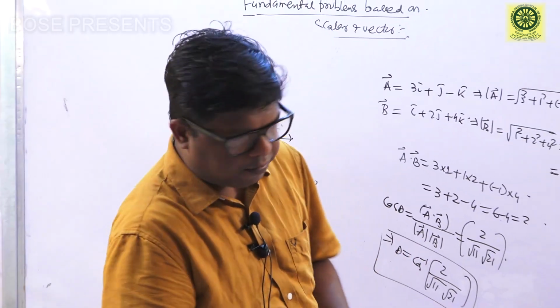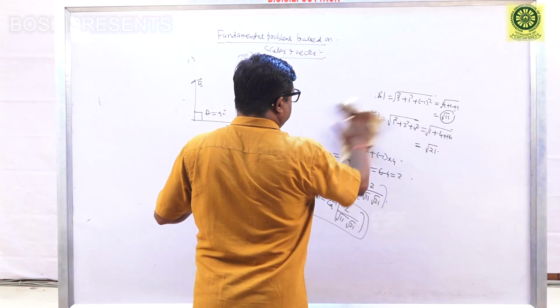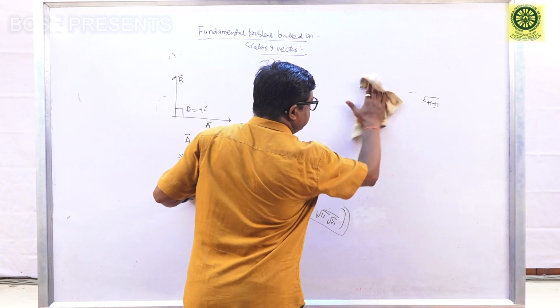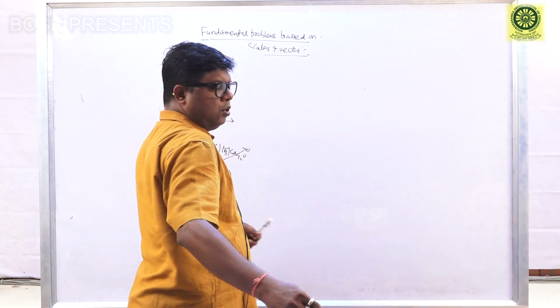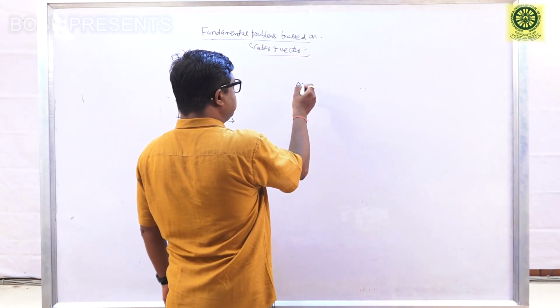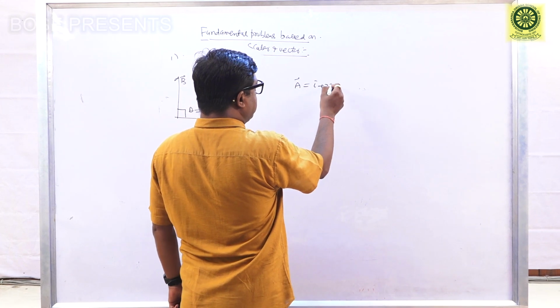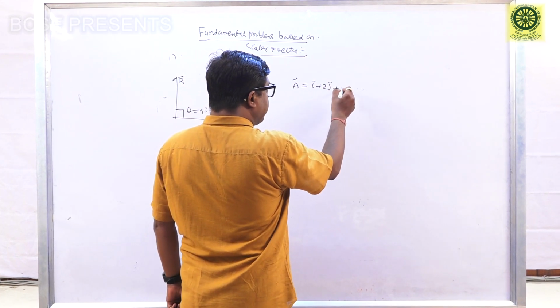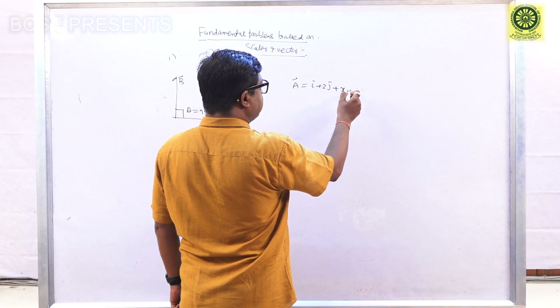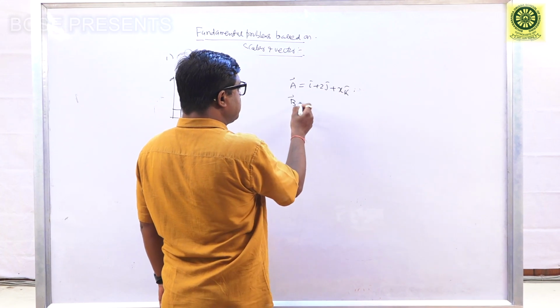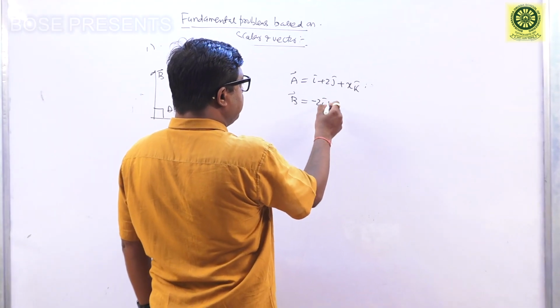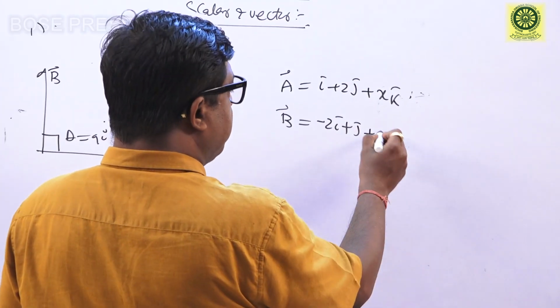For example, I am giving you one numerical problem. Suppose A is equal to i cap plus 2j cap plus x k cap, and vector B is equal to minus 2i cap plus j cap plus 3k cap.